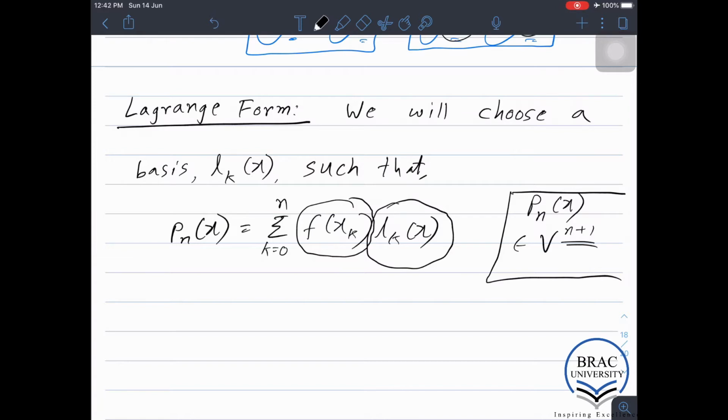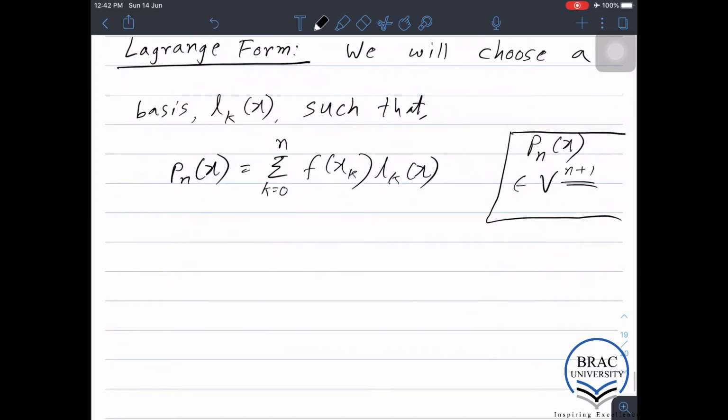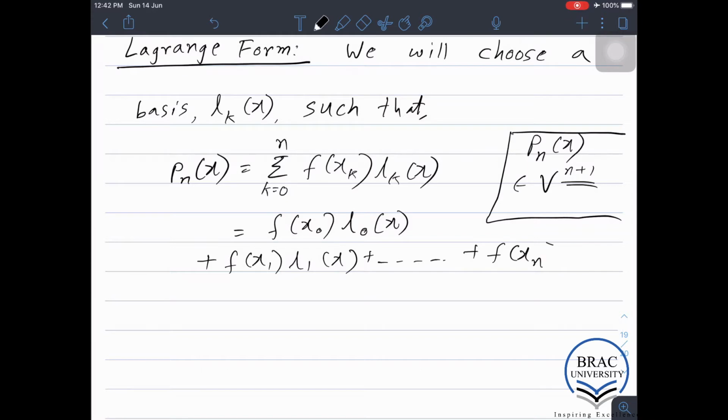But there are a couple of things to notice here. First, let's expand it out: f of x0 L0 of x plus f of x1 L1 of x, up till f of xn Ln of x.